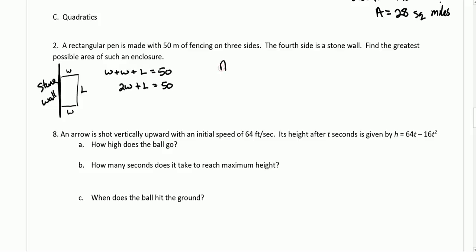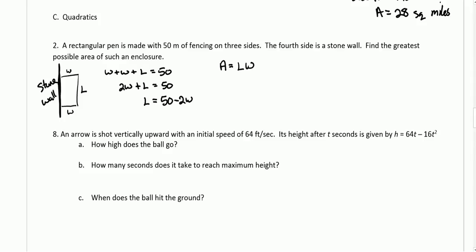We know the area of a rectangle is length times width. So in our 2W plus L equals 50, we could solve for L and get L as 50 minus 2W.